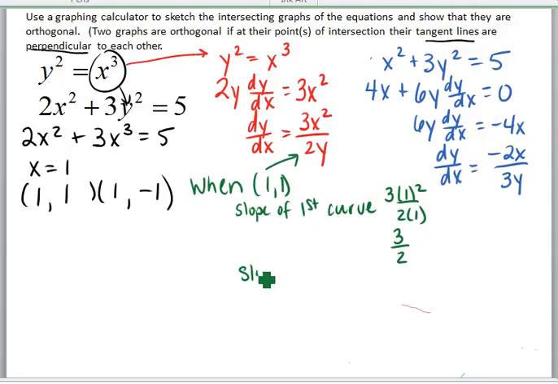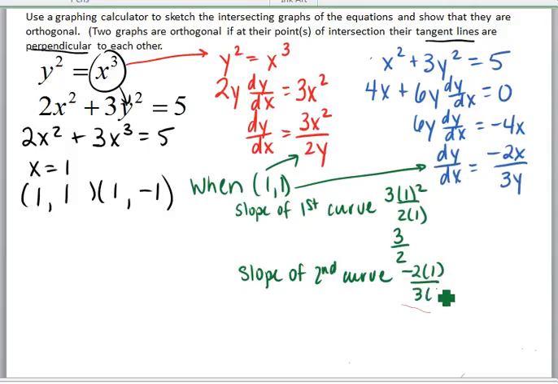The slope of the second curve at (1, 1) would be negative 2 times 1 all over 3 times 1. So we get negative 2/3.